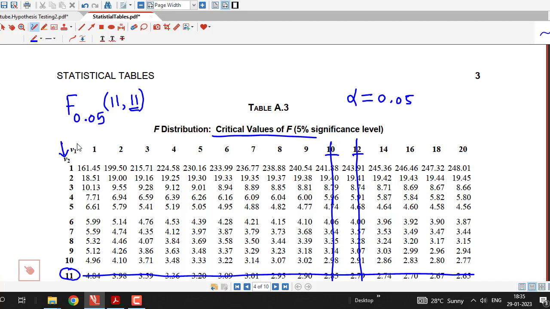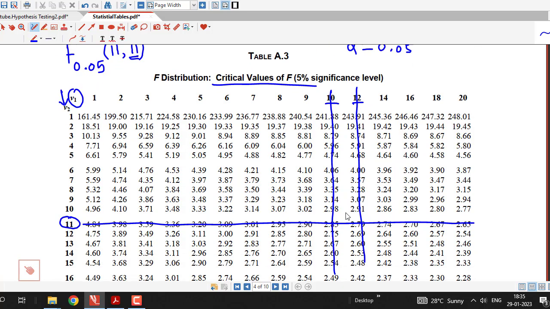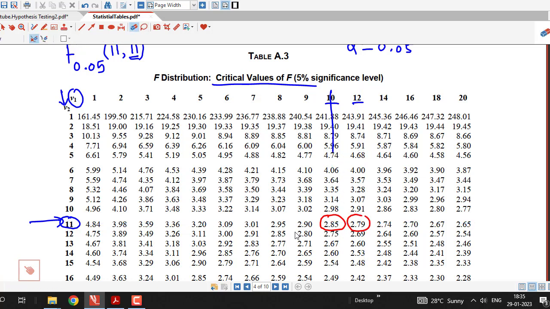Here nu1 is 11 and we do not have 11 in the table. So we take two neighboring points of 11 and find the corresponding points of intersection with denominator degrees of freedom, and take the average of these two points as our critical value. Let me remove these lines now.